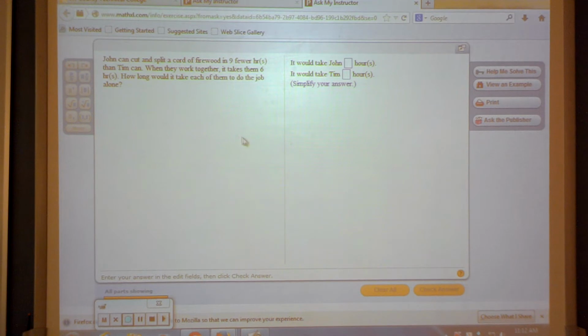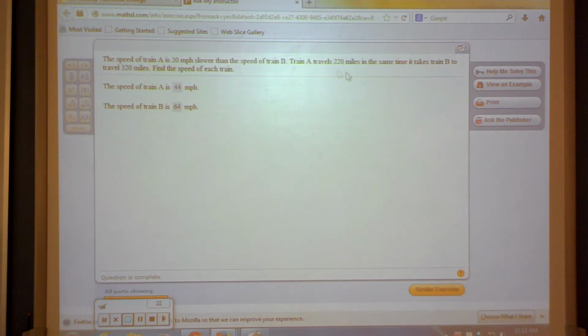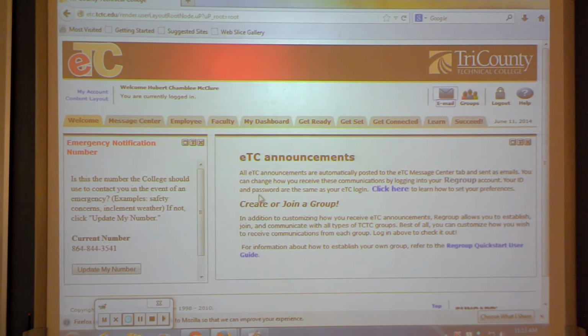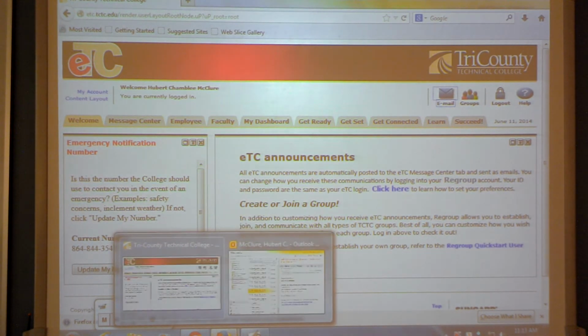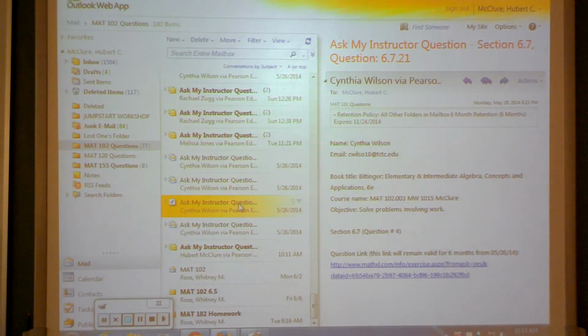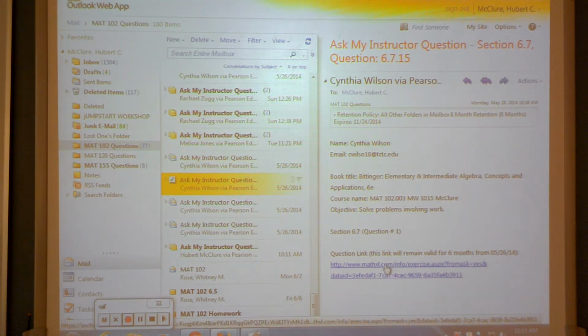John can cut and split a quart of firewood. I think we did this one. We'll do it again. Oh, we did? Okay. Alright, let me find another one. Y'all are all doing these complicated problems. I'm sending you ones from like 7.2 and stuff. Well, we're working backwards. 6.7, number 1. 15, number 1.